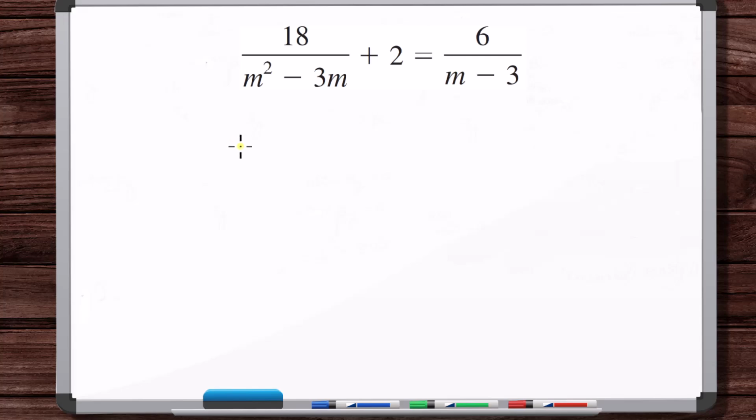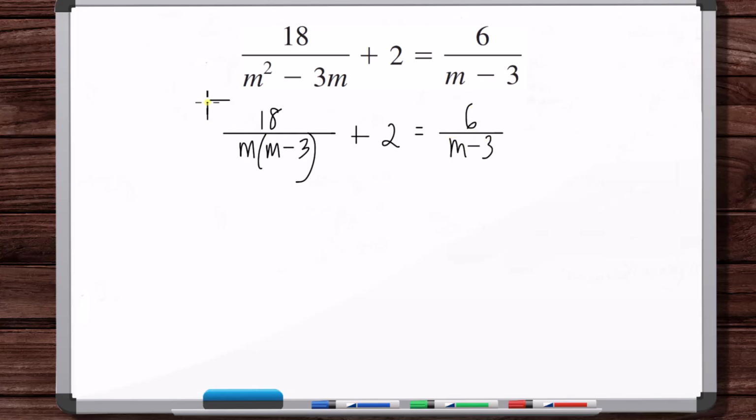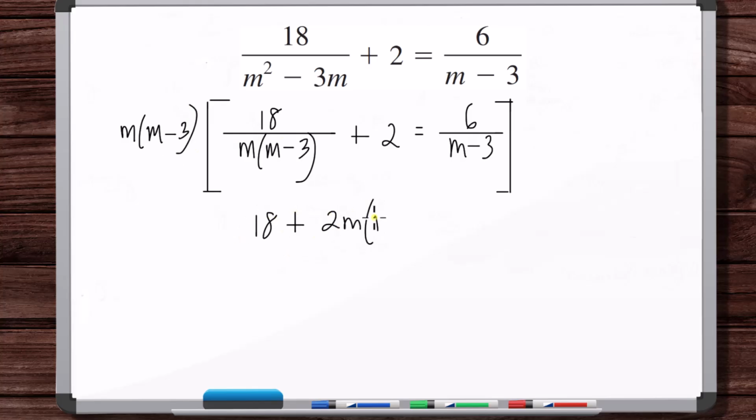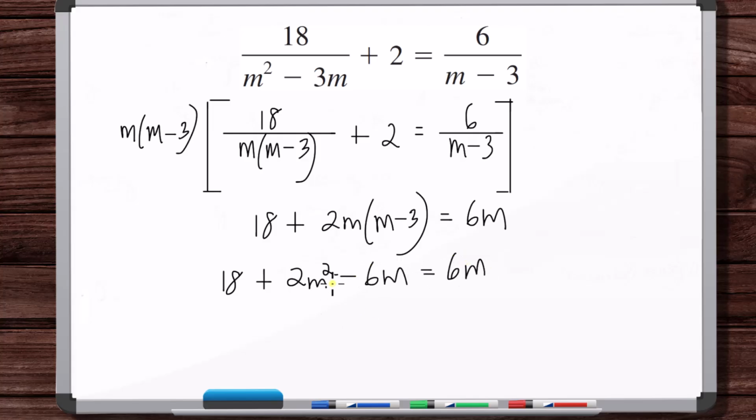We've got here m times m minus 3, and then m minus 3. Now let's multiply this entire equation by m times m minus 3. So we get 18 plus 2m times m minus 3 is equal to 6m. So 18 plus 2m squared minus 6m is equal to 6m.